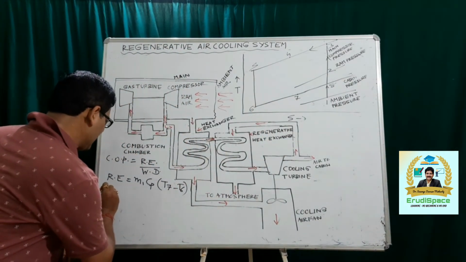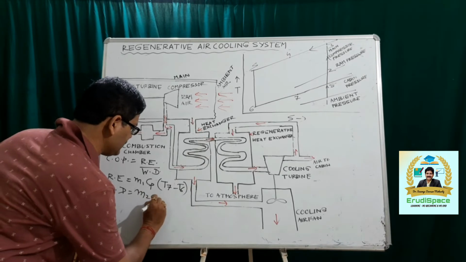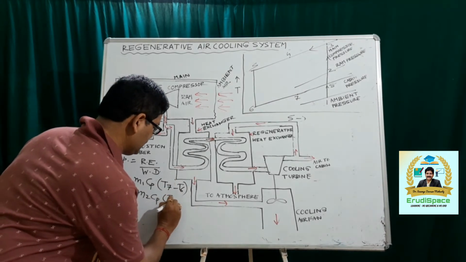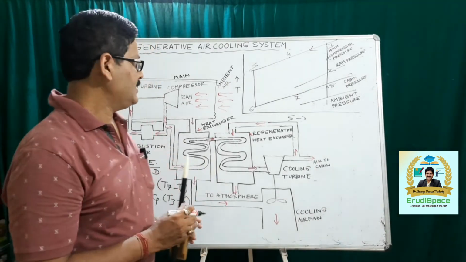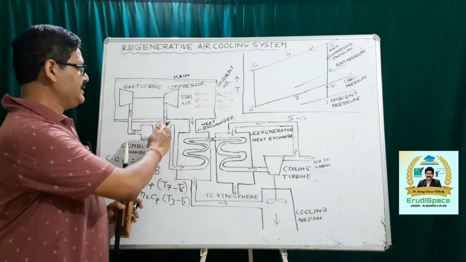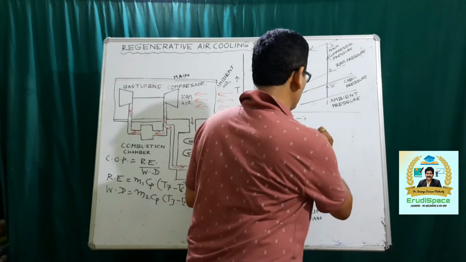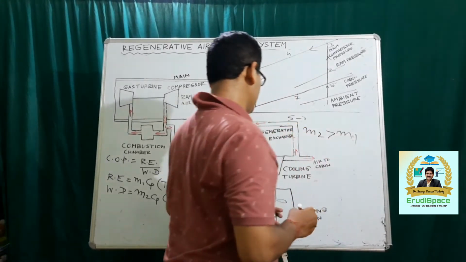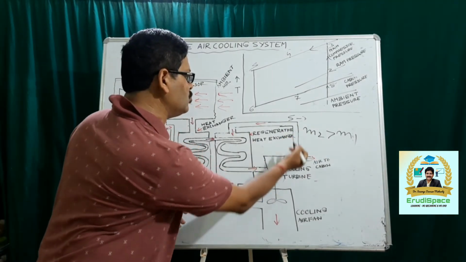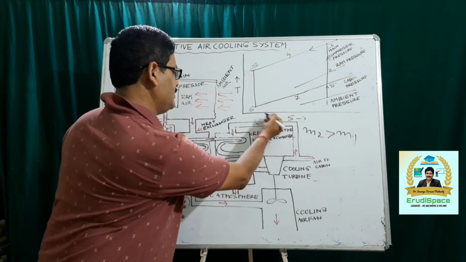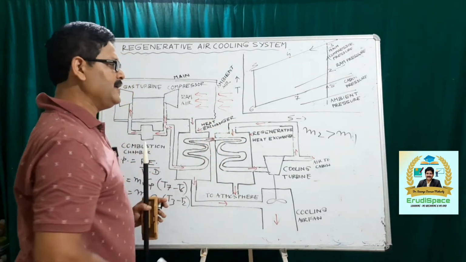So if you consider that, then the work done will be M2 multiplied by Cp into T3 minus T2, because here M2 represents the mass of air that is bled from the main compressor, and this value of M2 will be higher than that of M1, because part of the air is used for this regenerative heat exchanger, that is used to cool the air in the regenerative heat exchanger.